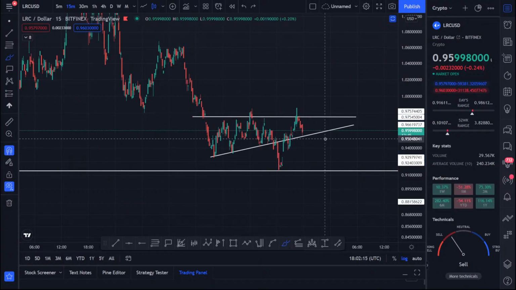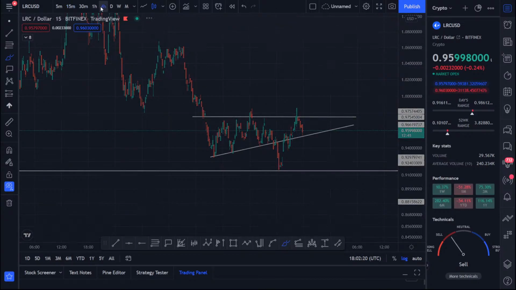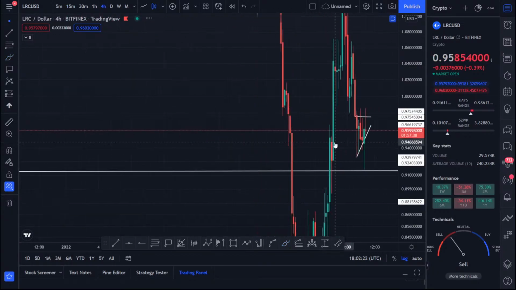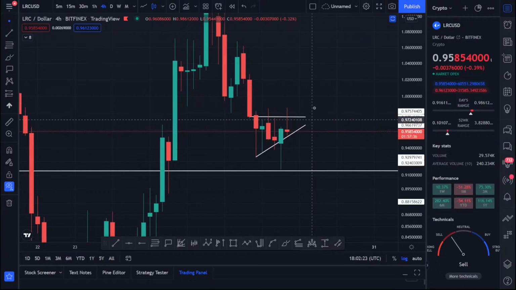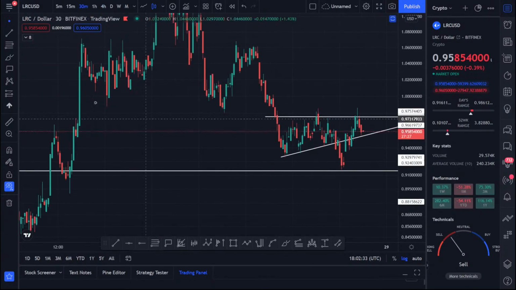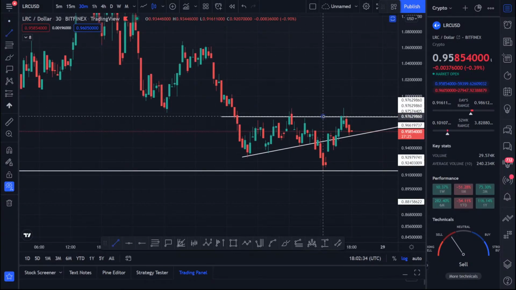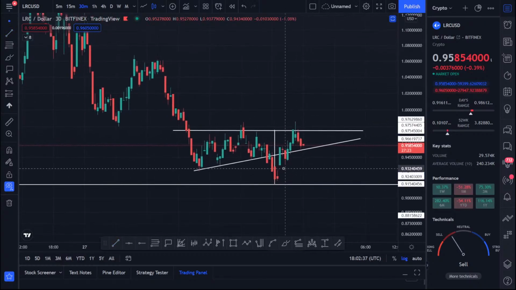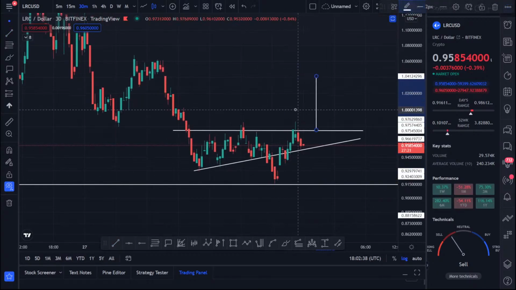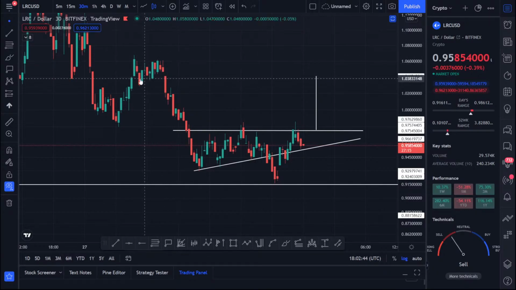As soon as it breaks this level and closes a 4-hourly candle, because you can go on the 4-hourly and see how many rejection points you got from here, so if you close a 4-hourly candle above this line, then you can expect a price target to the upside right over here, and you can see it's right at the bottom of this price action that took place over here.